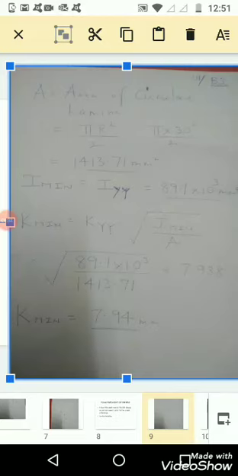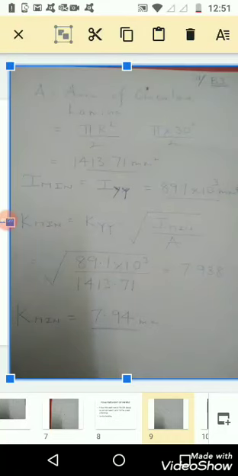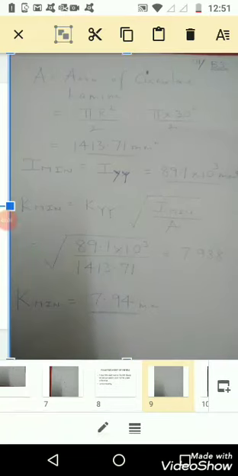Now Iyy is minimum, that is 89.1 into 10 raised to 3. Therefore K minimum would be equal to Kyy equal to under root I minimum divided by A, which is equal to under root 89.1 into 10 raised to 3 divided by 1413.7, equal to 7.938. K minimum is equal to 7.94. I hope it is clear to you. Next slide.